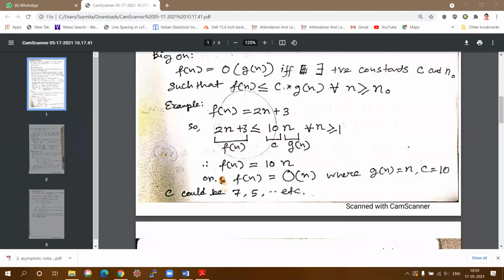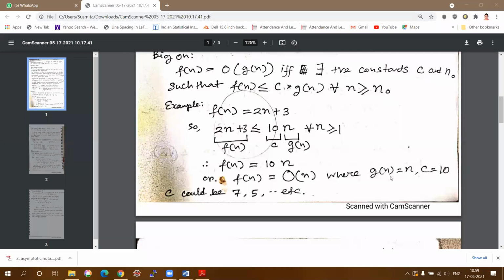What is written here? f(n) is less than or equal to c into g(n) for all n greater than or equal to n0, where n0 is some term. So it is 1 here. So n is greater than or equal to 1, and c may be 10, maybe 5, maybe 6, maybe 4. Here I am taking c equals 10.